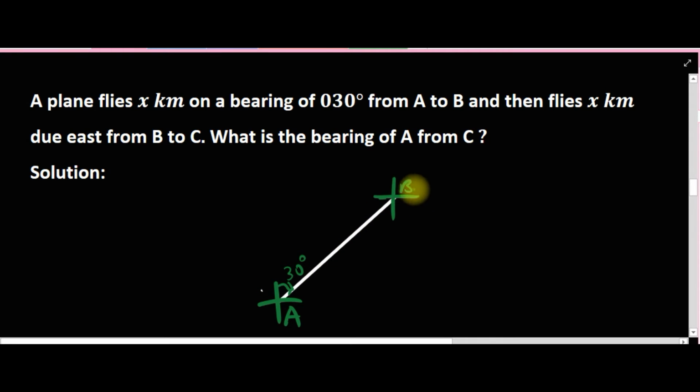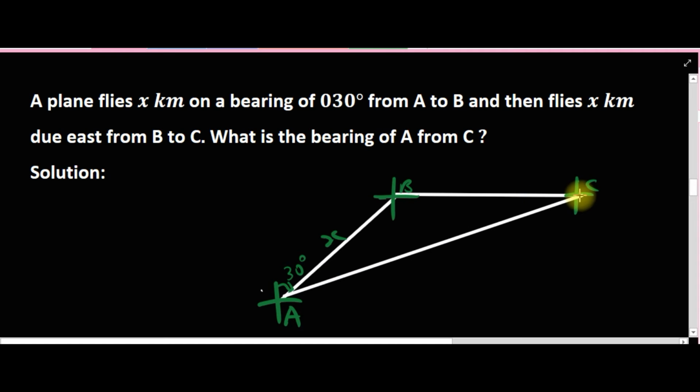And they said B then flies x kilometers. Remember this is x. X kilometers due east from B to C. So B to C on the same line. So we have our C here. Let's complete the triangle.